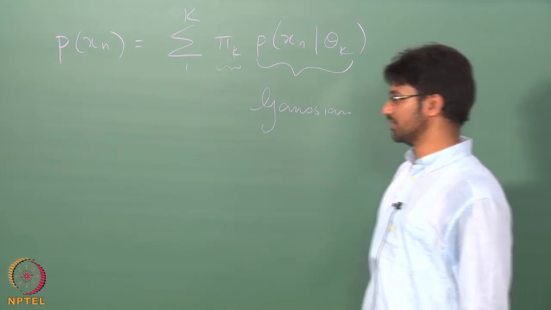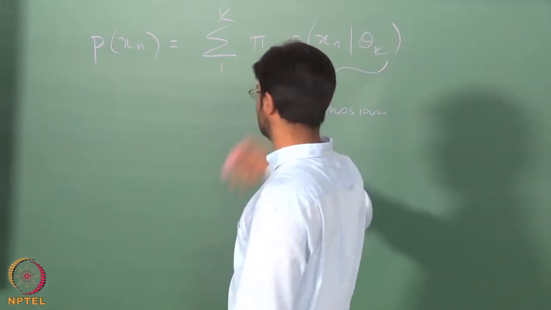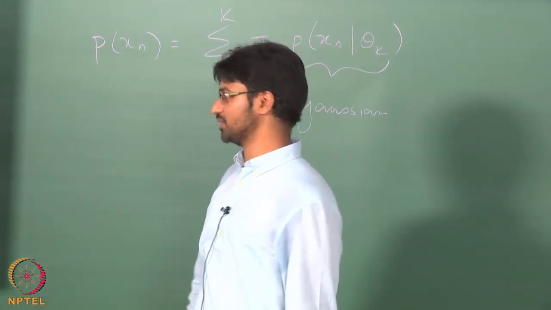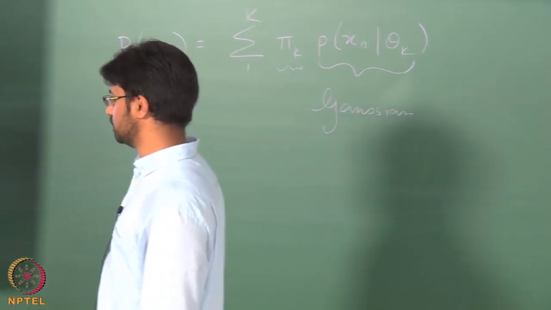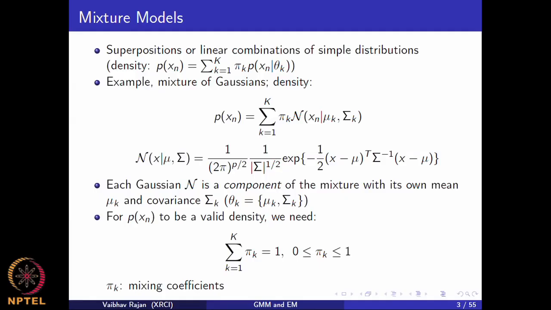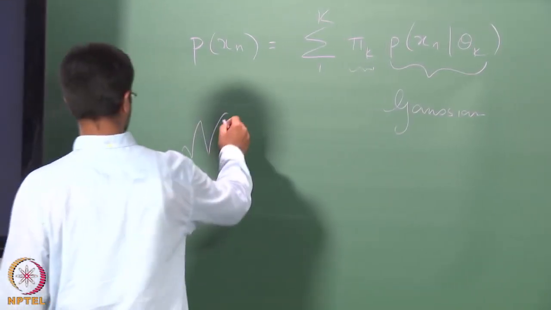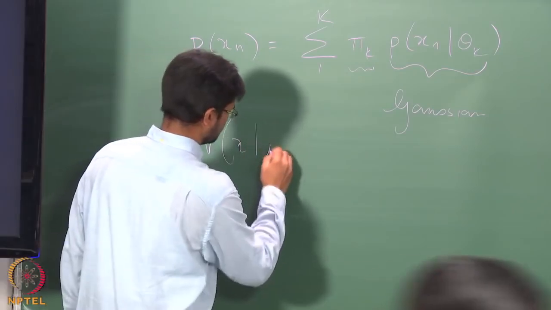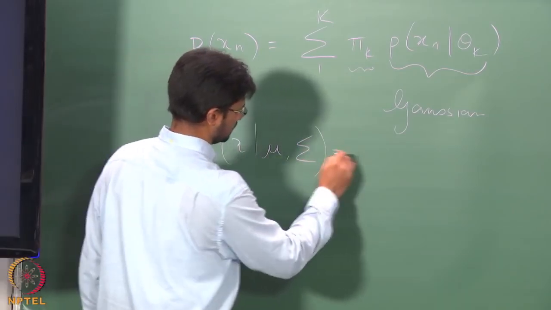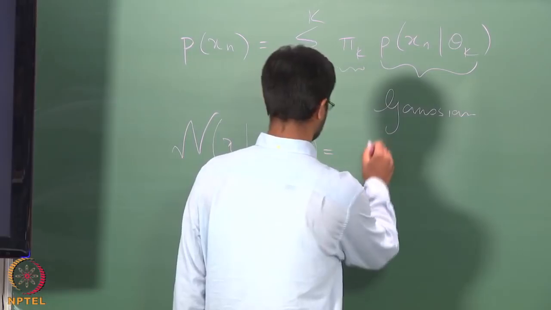You will see this everywhere. One of the reasons why it is used is because it is mathematically tractable, but there are other nice properties too. So, I guess you all know what a Gaussian is, but let me write it down anyway, because we will use this very often in the coming few slides.